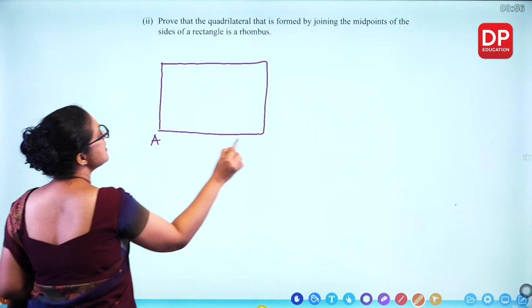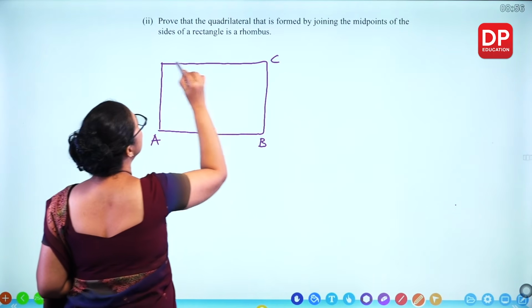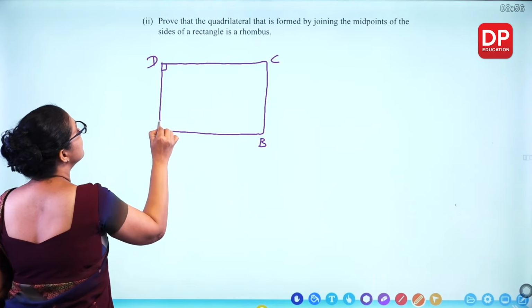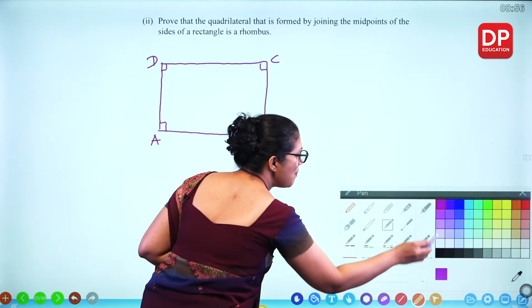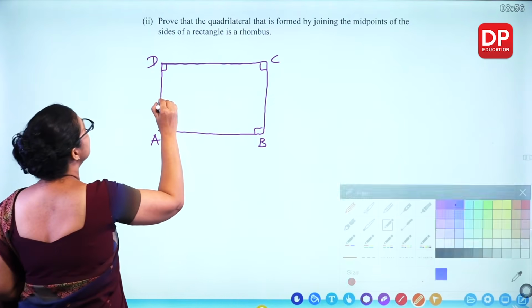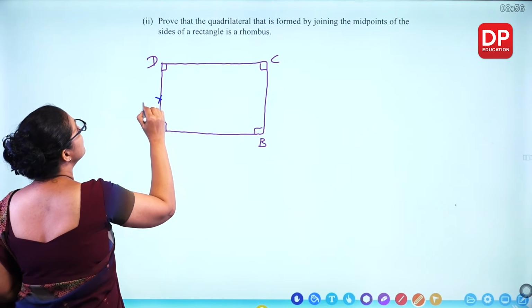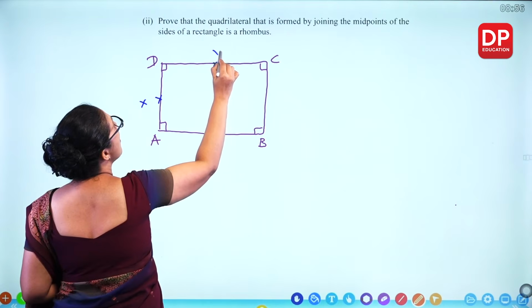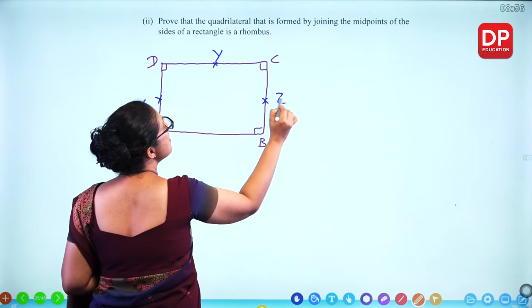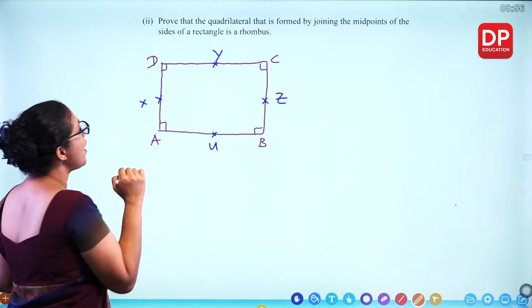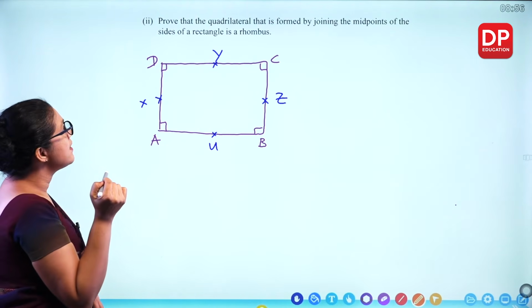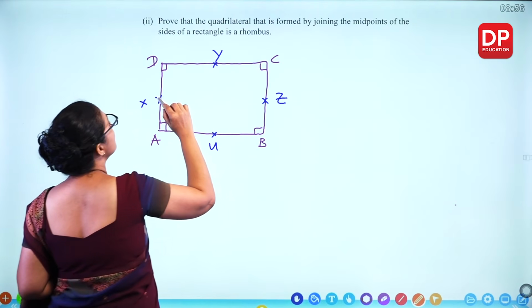We'll take A, B, C, D. And the midpoints, X, Y, Z, U, when you join the midpoints, you have to show that that's a rhombus.